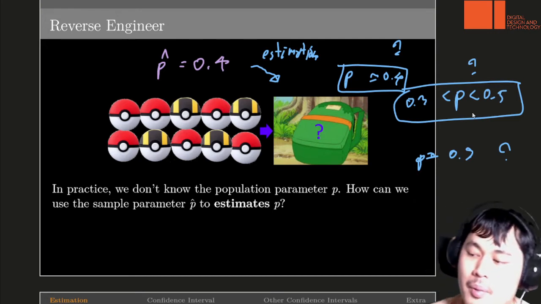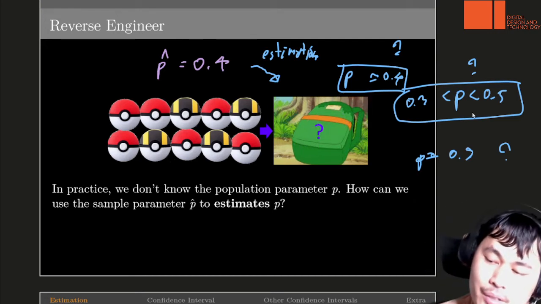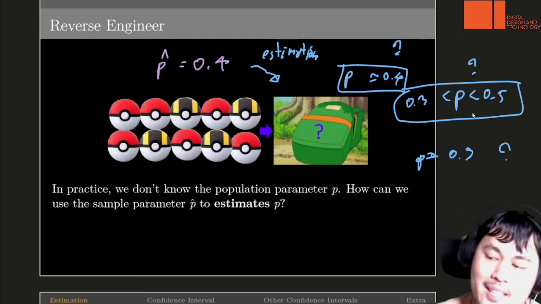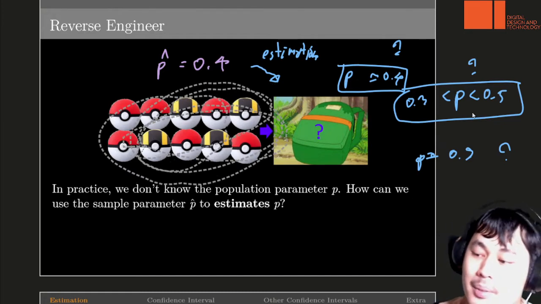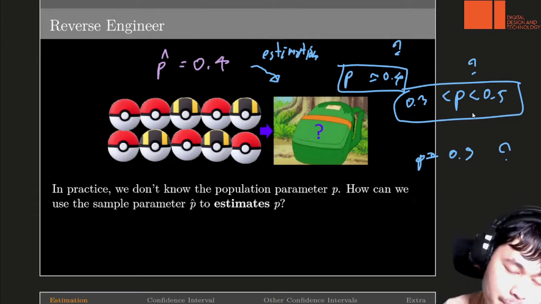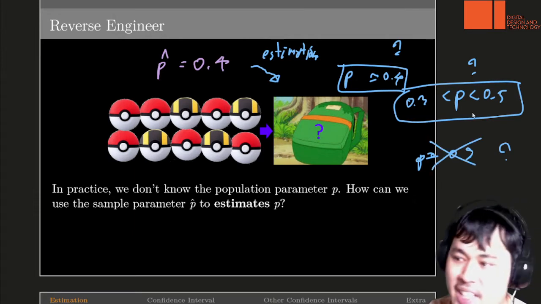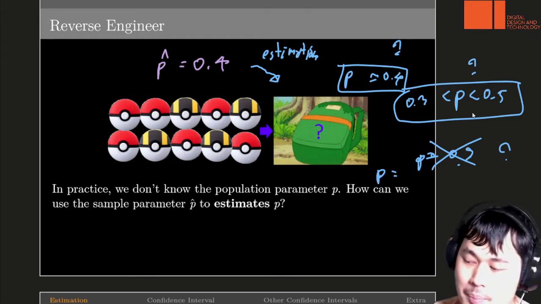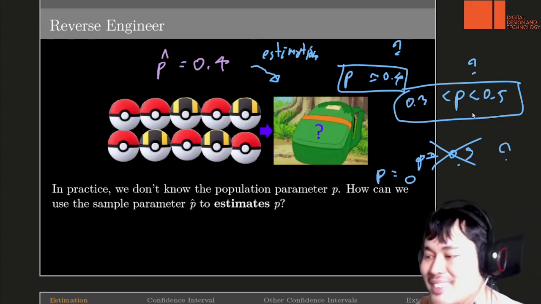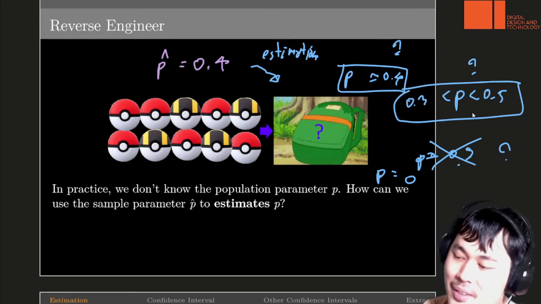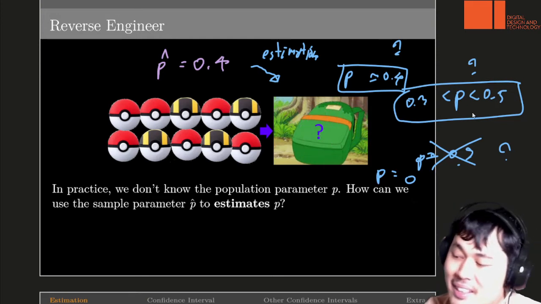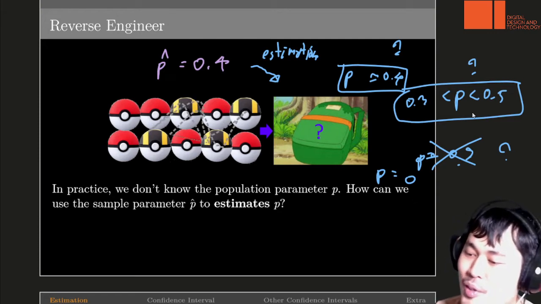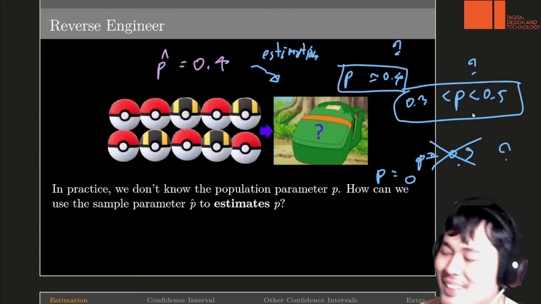If almost all of the balls in the bag are master balls, you would expect to see 9 or even 8 master balls from this sample. But that's not what happened. And so we can rule out 0.9 really quick. And maybe you can also rule out 0. Of course, 0 means there are no master balls in this bag at all, and if there are no master balls at all, how could you pull 4 master balls out? That doesn't make sense.